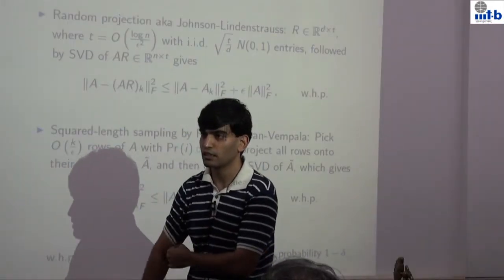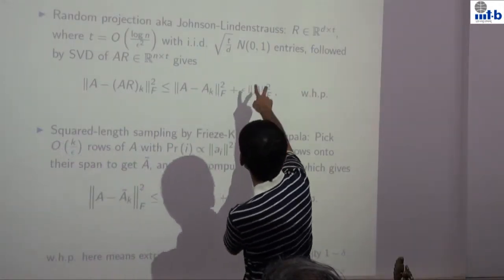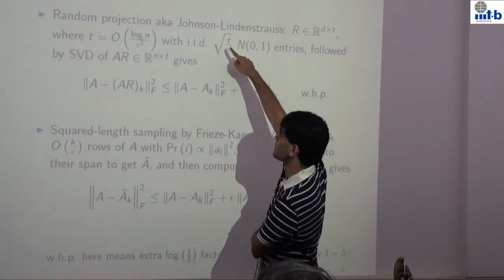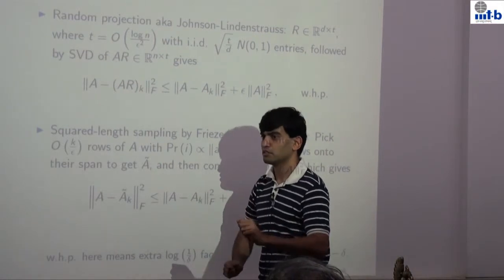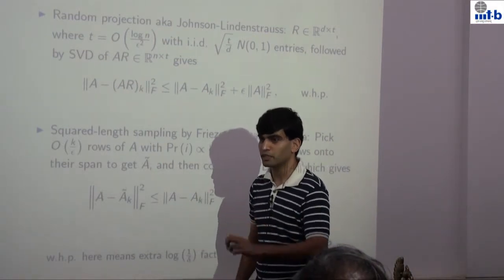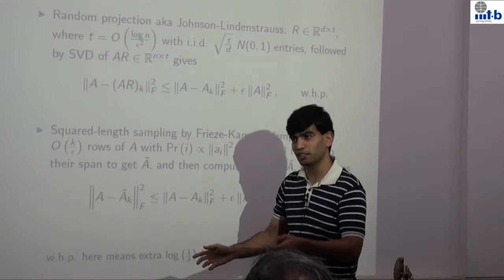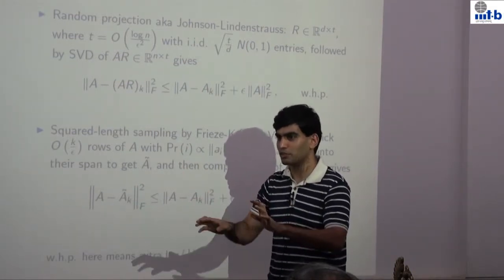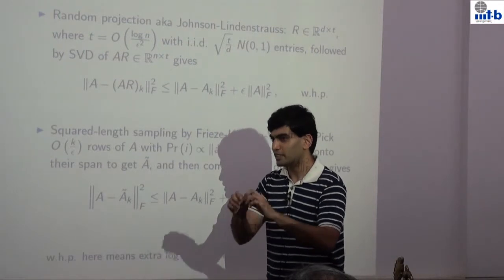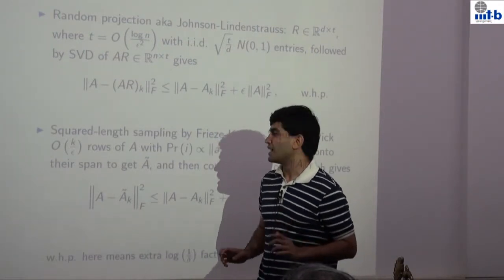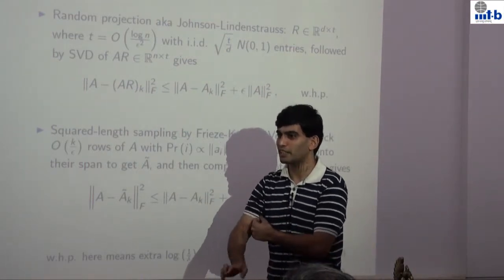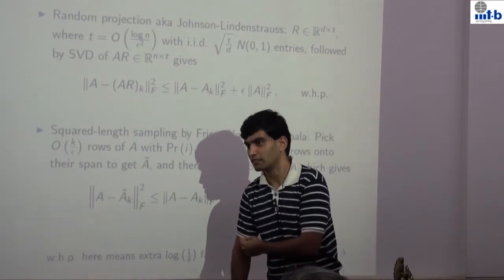The entries are all standard normal variables with a scaling factor, and they are all independent. But you could also take a random plus minus 1 matrix. So take a d by log n matrix. All the entries are random plus minus ones, and there is a scaling factor that you have to apply, but the scaling factor is uniform for all the entries.